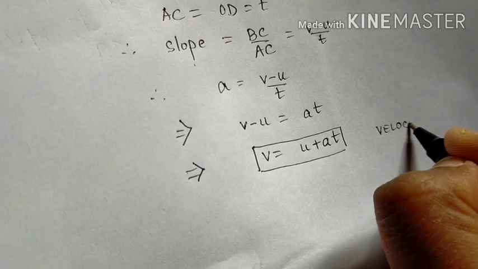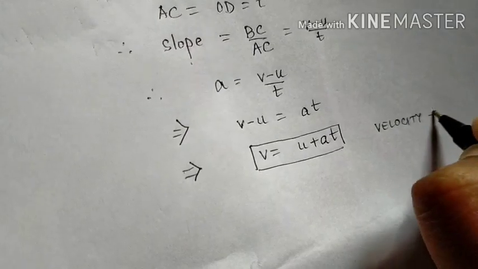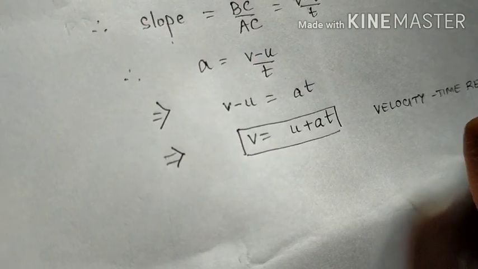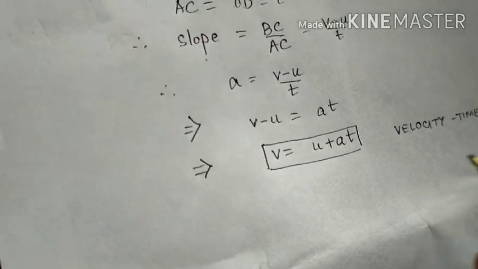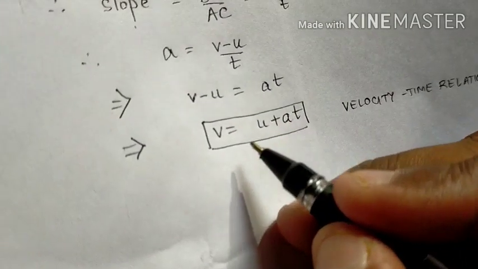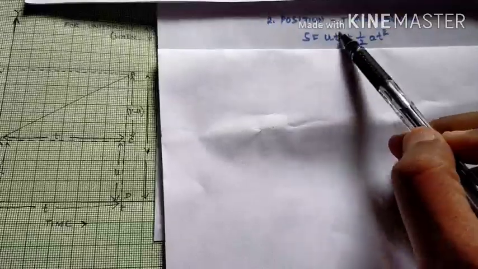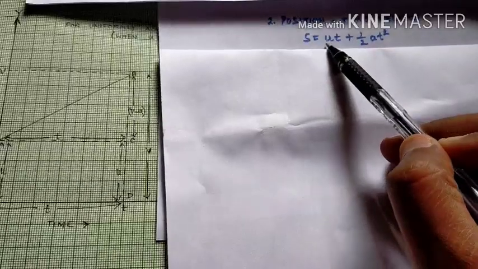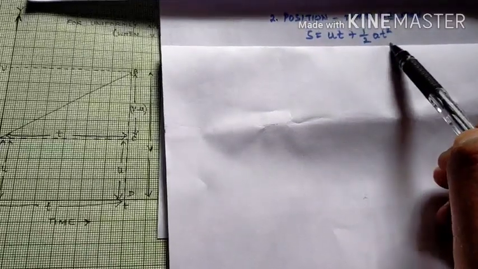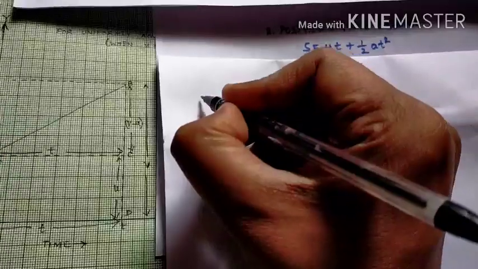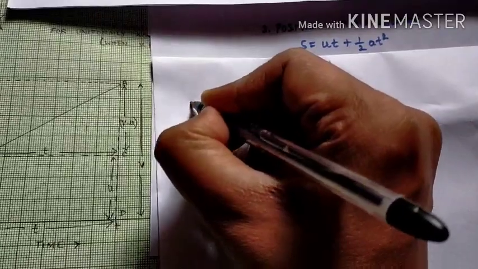So we have derived the velocity time relation V equal to U plus AT by the graphical method. We can move ahead and start deriving the second equation, S equal to ut plus half at square, which is the position time relation, using the same graph.